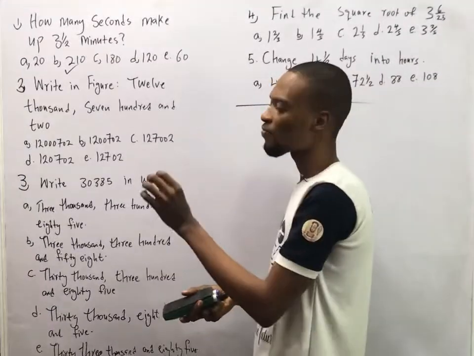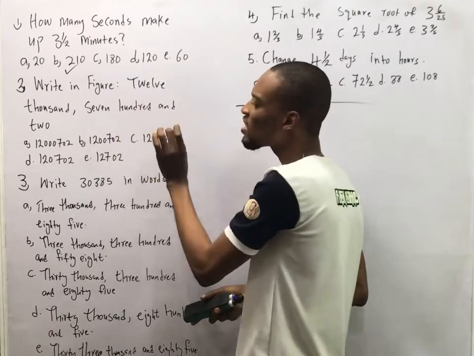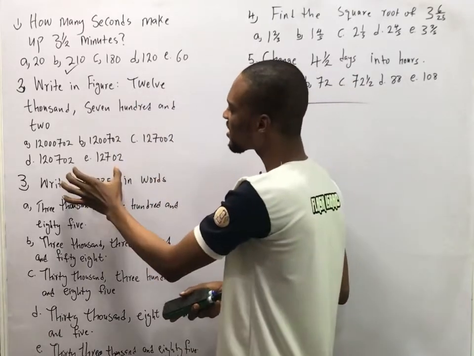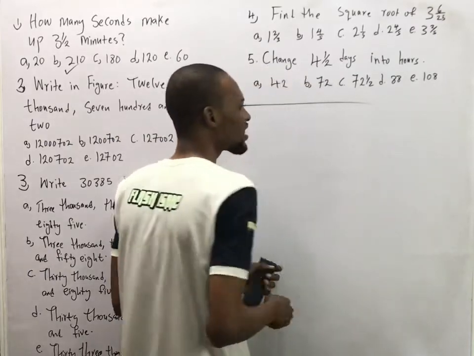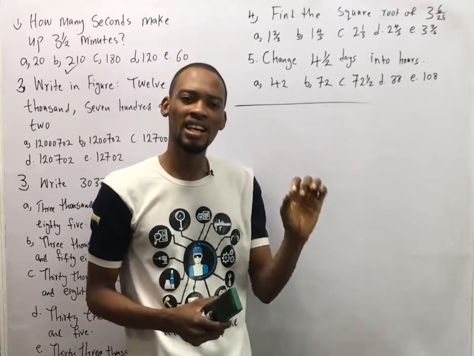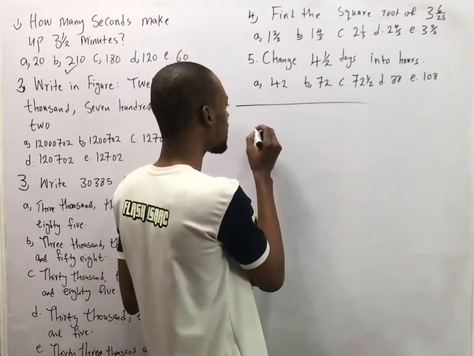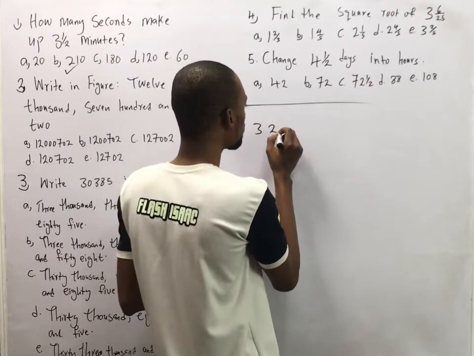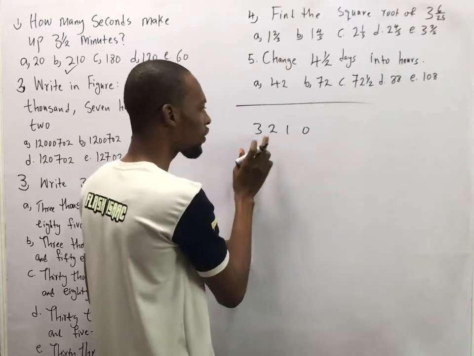Question 2 says, write in figure 12,702. And these are the options. In mathematics, there's something called ones, tens, hundreds, thousands, and so on. If you have values like 3, 2, 1, 0, we have 1, 2, 3, 4.